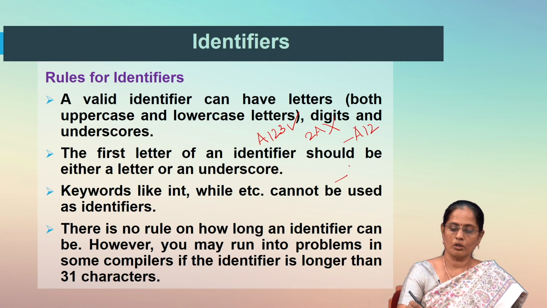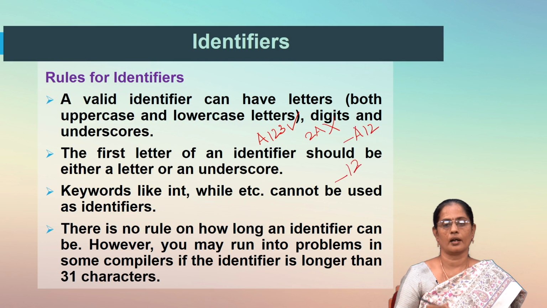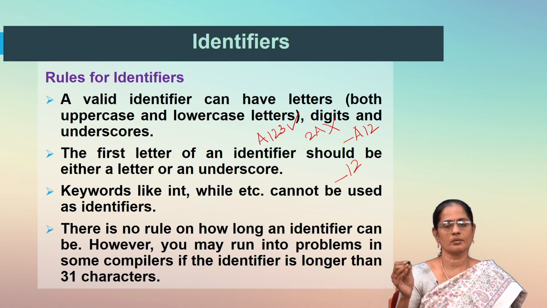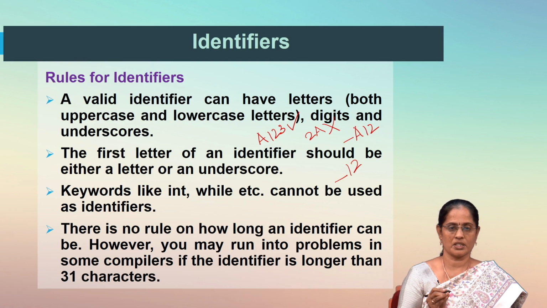Even an underscore with only digits is allowed, whereas the identifier starting from a digit is not a valid identifier. And the system defined identifiers are also called keywords.